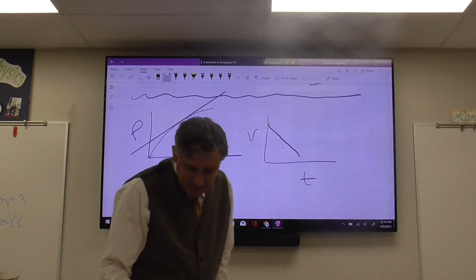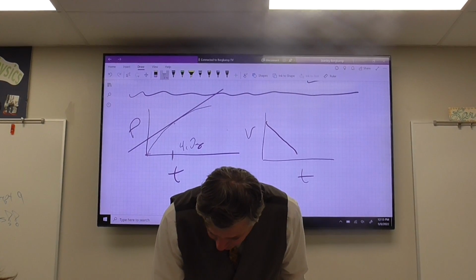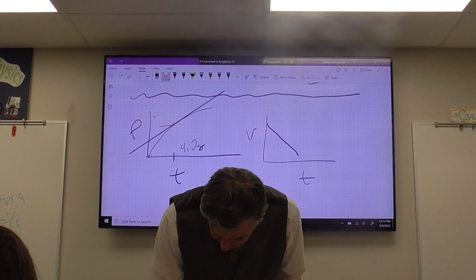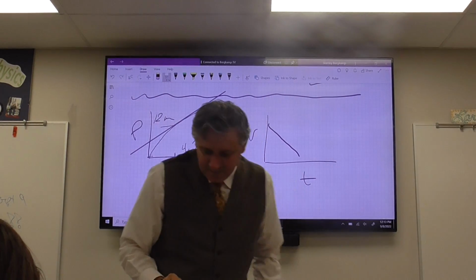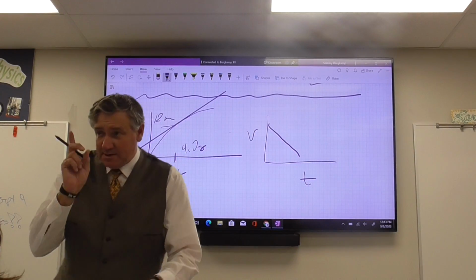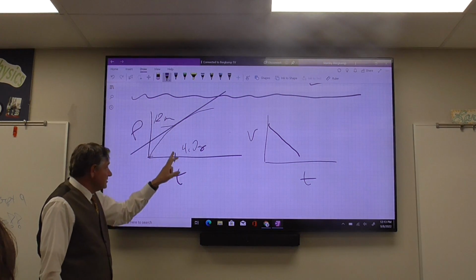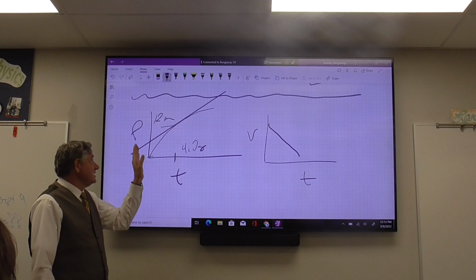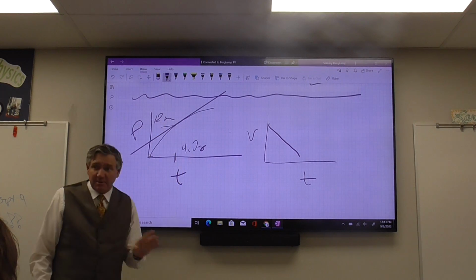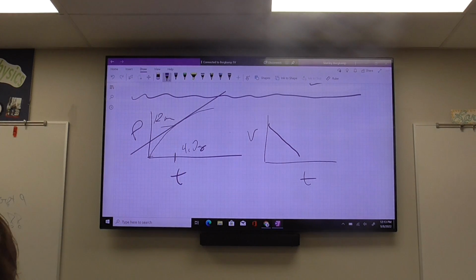Now, let's say that this is 4 seconds and 12 meters. So could I do this? This point is 12 meters, 4 seconds. Could I just take 12 meters and divide that by 4 seconds and go, ooh, physics is easy. My velocity is 3 meters per second.